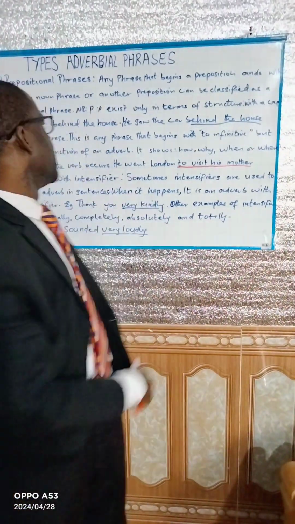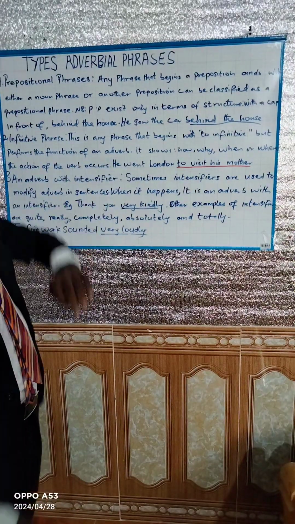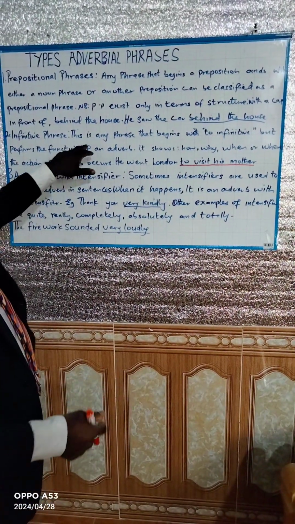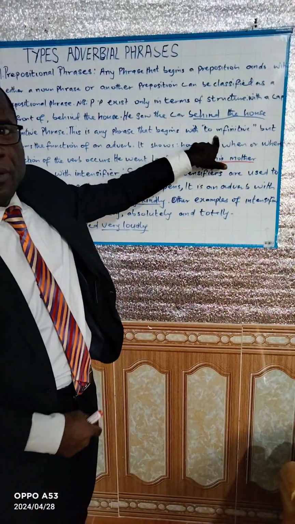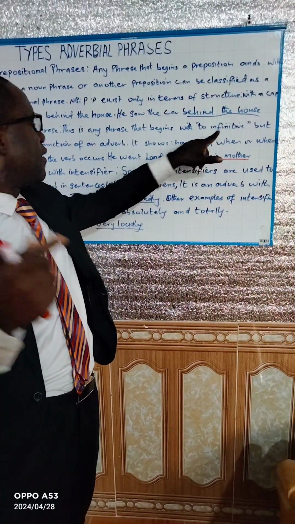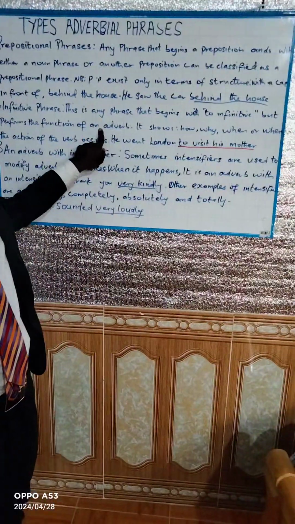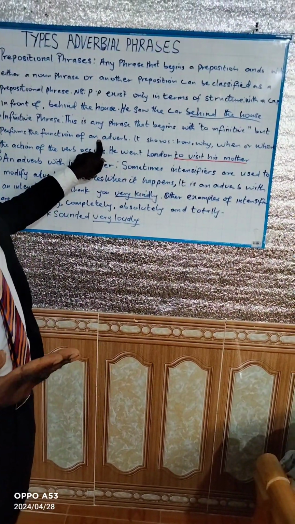Now let's look at number 2 type, which is what? The infinitive phrase. Now this is any phrase that begins with the "to" infinitive we know. It begins with the "to" infinitive, but it performs the function of an adverb, what we call in grammar adverbial function.